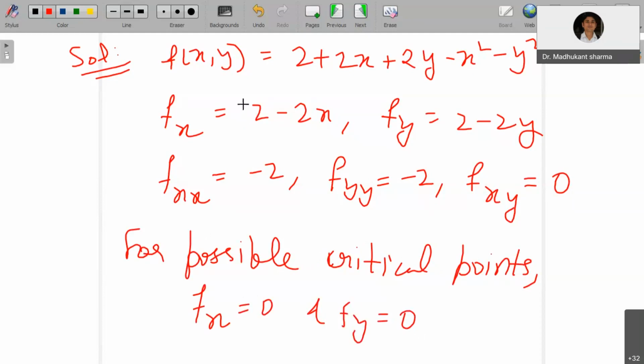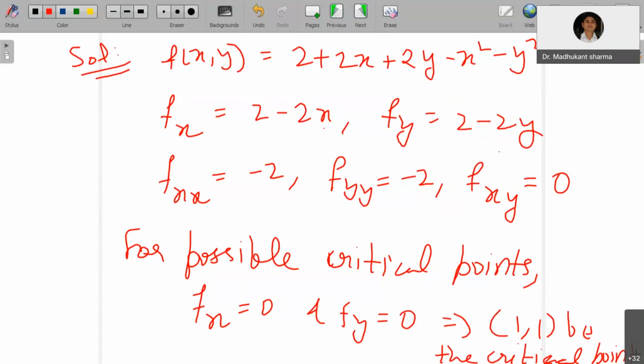So this tells you that 2 minus 2x equals 0 and 2 minus 2y equals 0. Both give x equals 1 and y equals 1. So this implies the point 1 comma 1 is the critical point. So by the first derivative test, you are identifying the critical point of this surface.